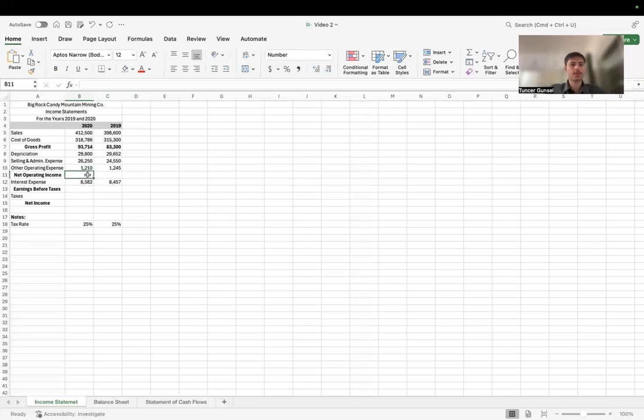Okay, so to find the net operating income, we need to add these all up and subtract it from gross profit. So our formula is going to be gross profit minus, oops.